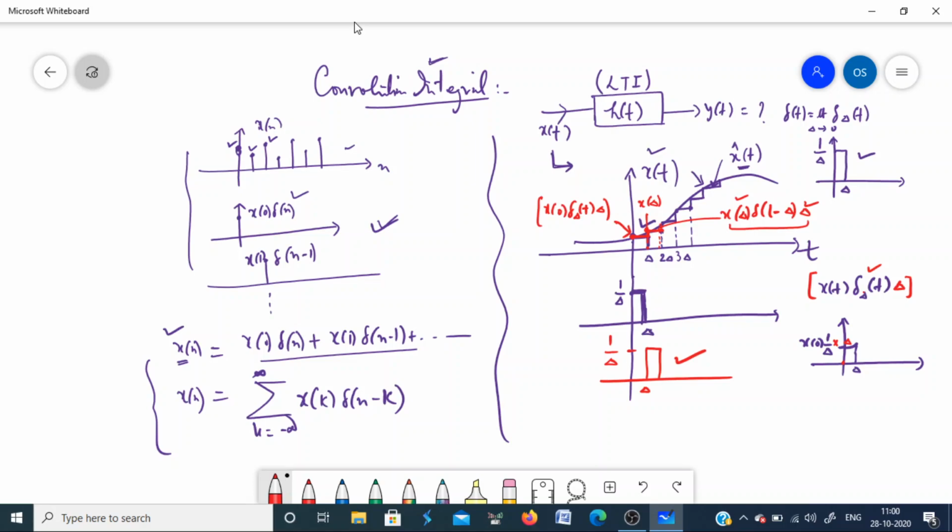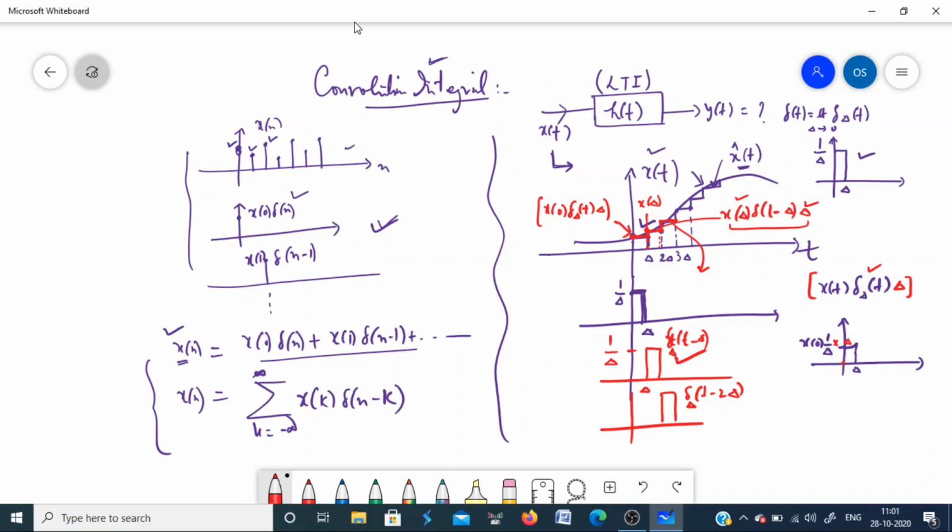Similarly, for the next pulse, you have to shift it by 2 del now. This pulse is del of t minus 2 del, and so on.